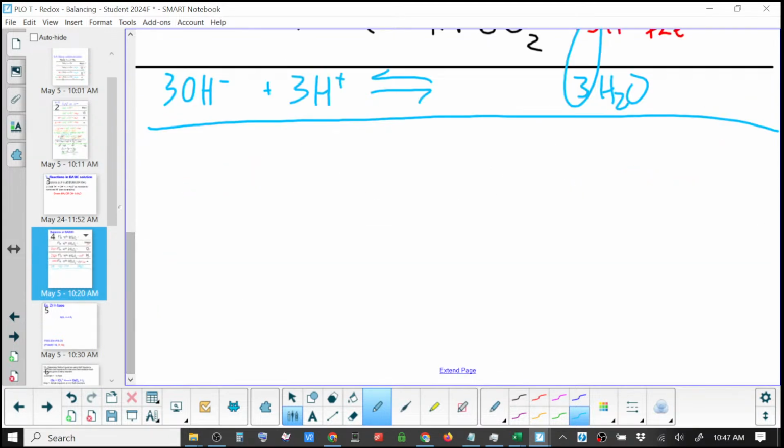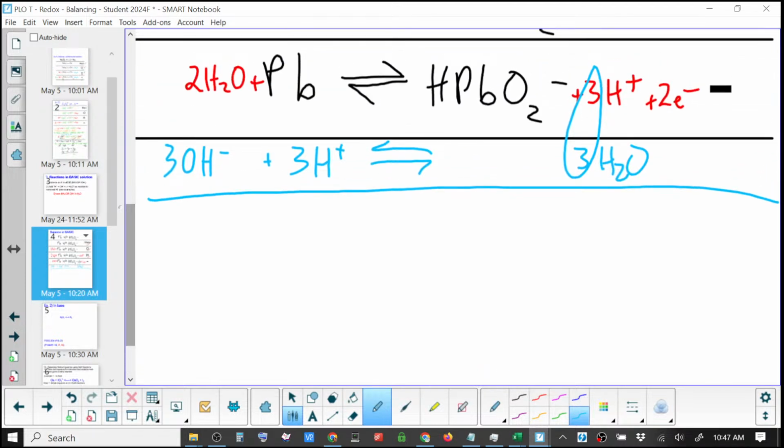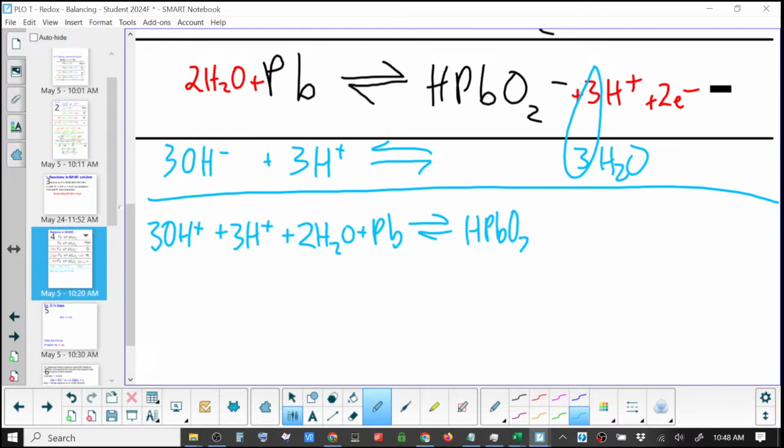So anybody that was confused with that, I like Theo's way of explaining that. 3 hydroxides plus 3 H plus 2 H2O plus Pb goes to HPbO2 minus plus 3 H plus 2 minus. By adding it fully in, I can say that, well, I got minus 3 H plus here, and minus 3 H plus here.